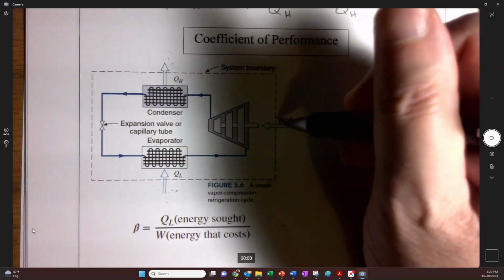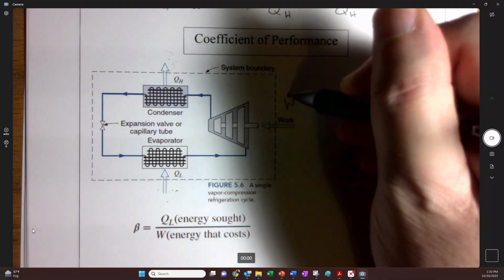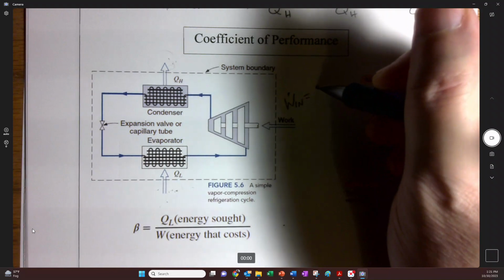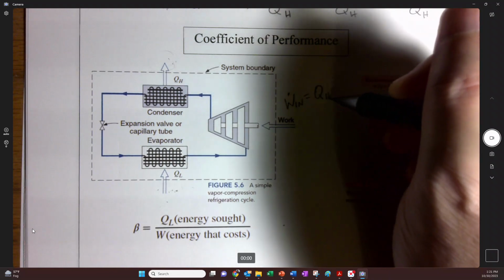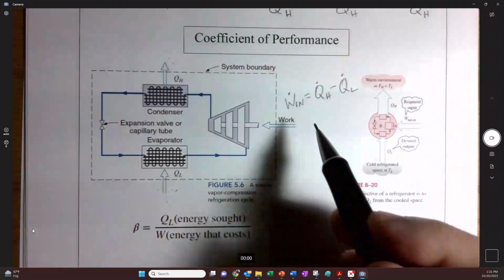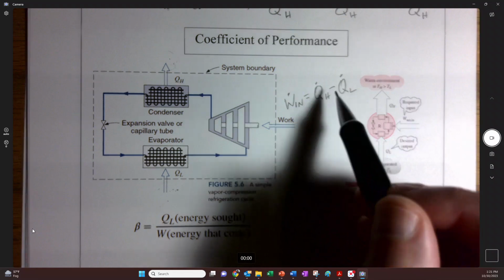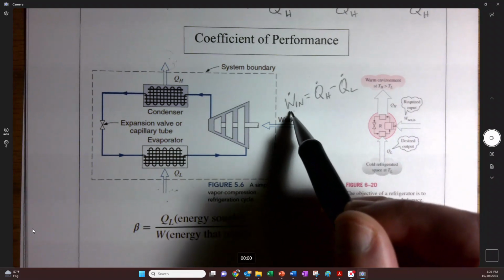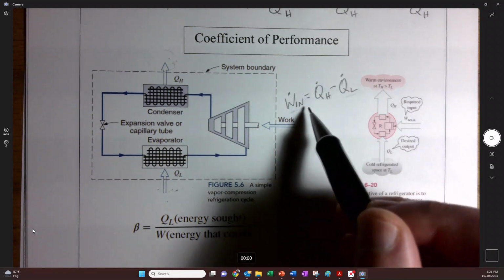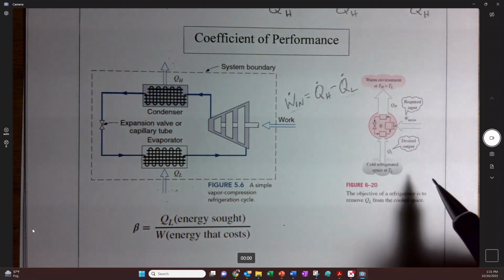And in this case, once again, if you were going to do an energy balance, you'd say now the work in is still going to be QH minus QL. And if you needed to believe that, you could just say, well, how do we get QH? Well, we would add this power into the Q low and that would generate the QH. So we would just flip the thing over to the other side.